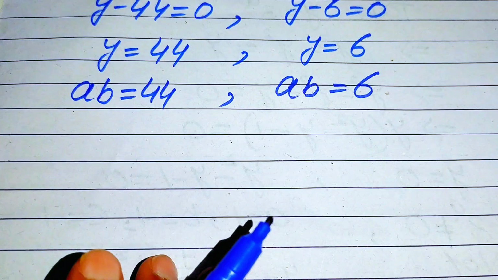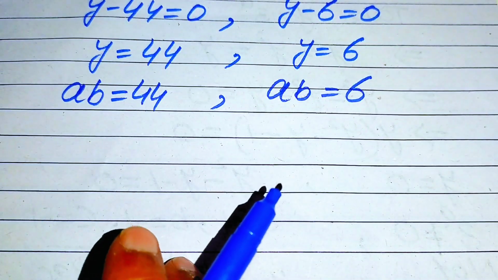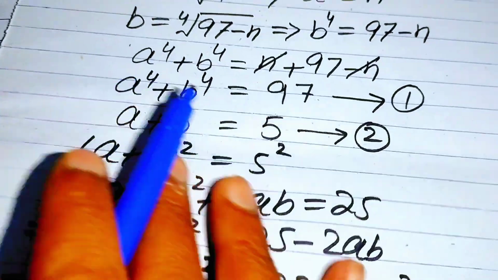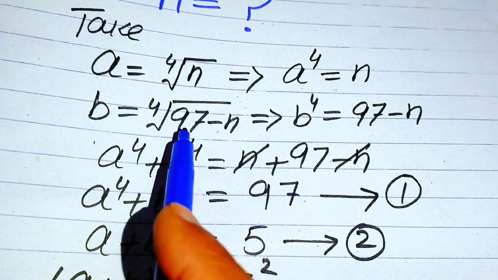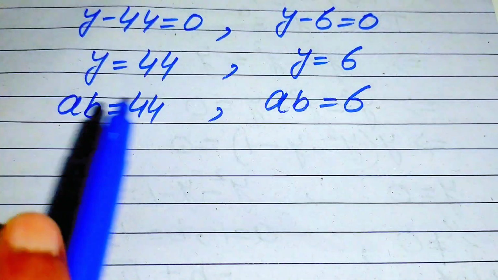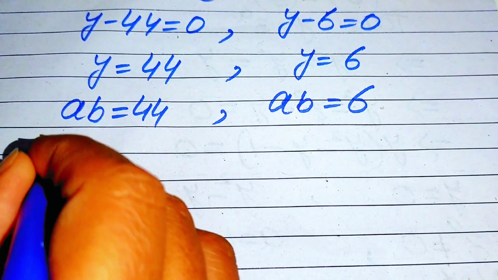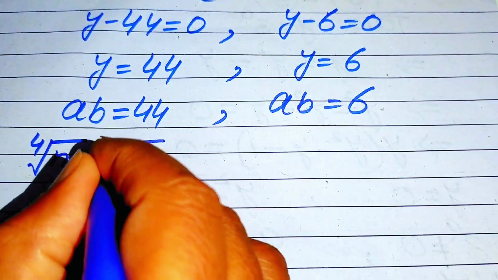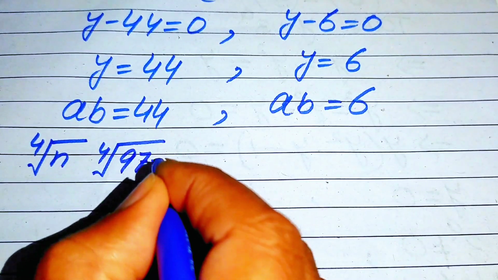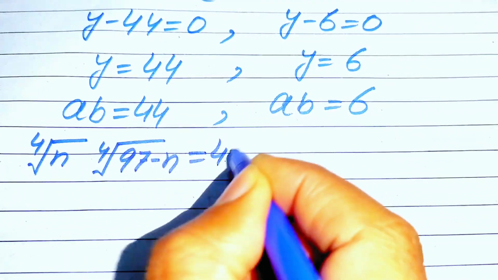So here we back substitute the values of a and b, where a equals 4th root of n, and b equals 4th root of 97 minus n. We put these two values here, and it becomes 4th root of n into 4th root of 97 minus n equals 44.